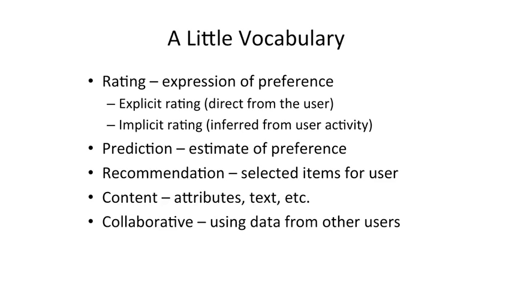But there's also implicit ratings that are inferred from user activity. If I'm watching Netflix and I start watching a movie and 5 minutes into it, I stop watching it and I never come back, it's reasonable to infer from that I probably didn't like what I saw in that movie.